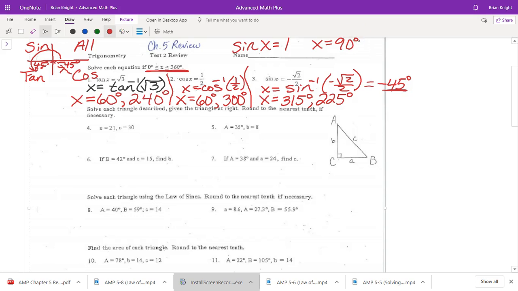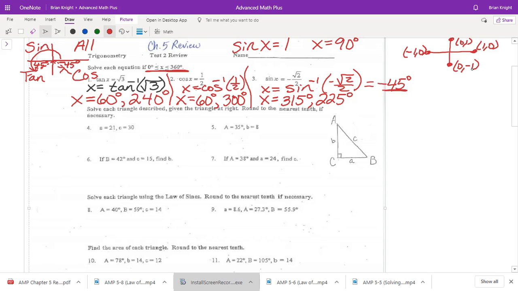Now, to check to make sure there's not another one, we have to think. When we get 1 or 0, or undefined, that means my angle is one of these four. It's either 0, 90, 180, or 270.